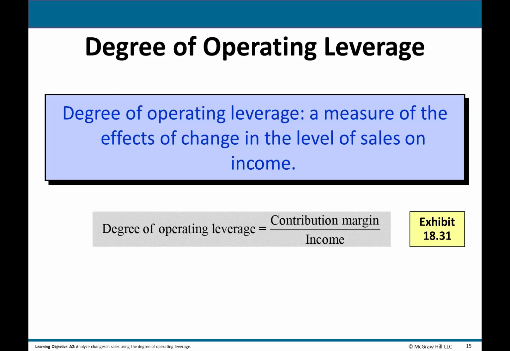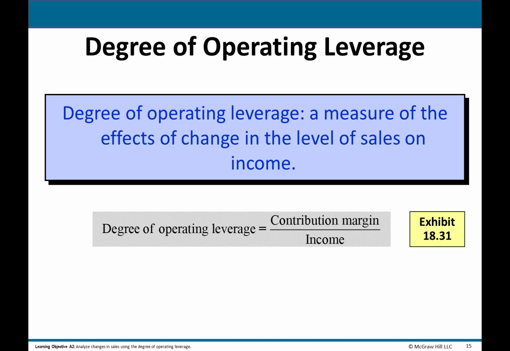Cost volume profit is especially useful during challenging business conditions when management wants to predict income based on alternative strategies. Management is usually interested in seeing the effects of some or all of the various factors involved in cost volume profit. A useful measure to assess the effect of changes on net income is the degree of operating leverage, as you see on the screen.